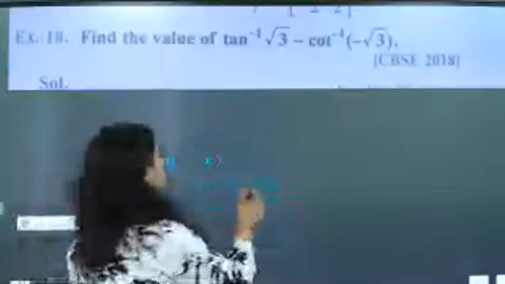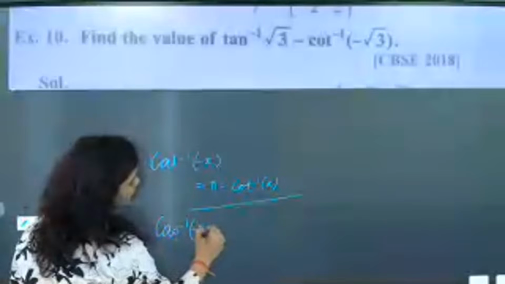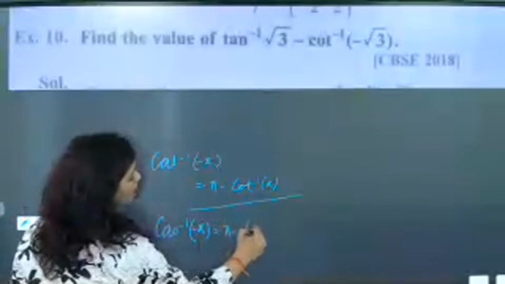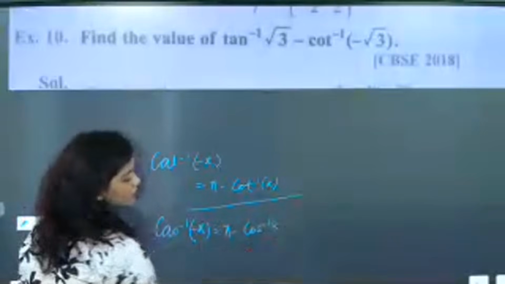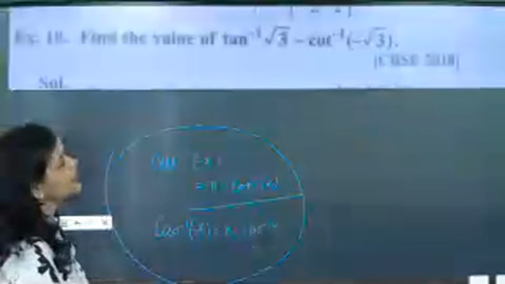Like this, if somebody gives you cos inverse minus x, it will become pi minus cos inverse x. So when we are writing like this, first we have to take out minus from there.